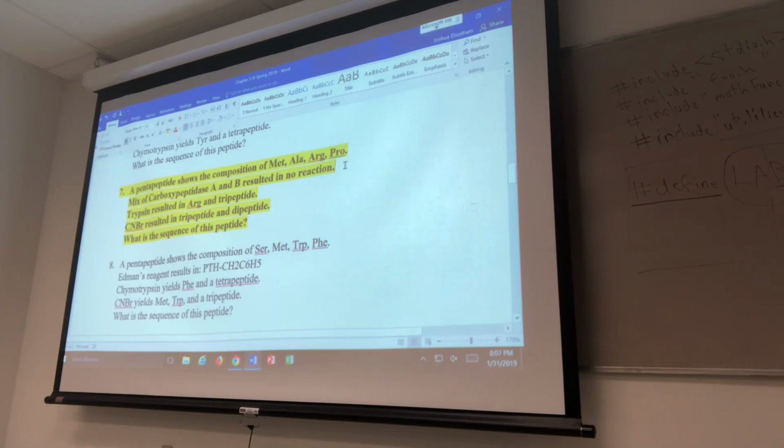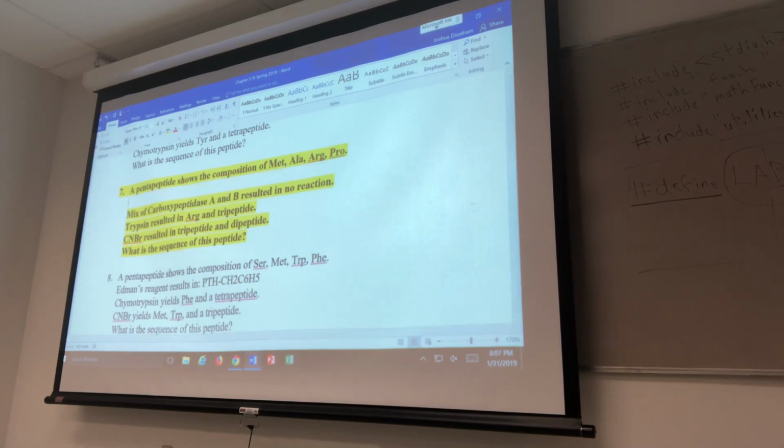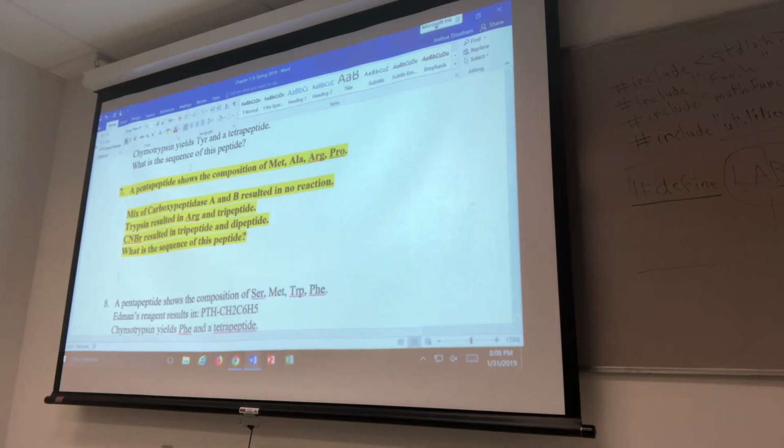All right, pentapeptide with these amino acids. So the very first thing you can write down, and I won't write the sentence explanation, you'll have to include that on your own, is that your pentapeptide means that you have five amino acids hooked together.